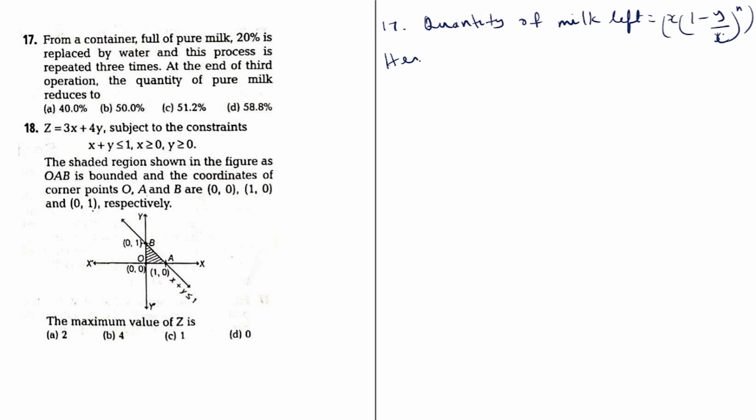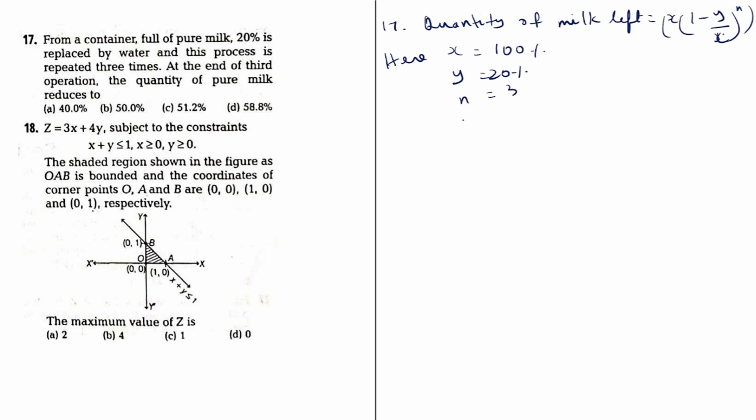So here initially there is 100% of milk, and then 20% is replaced with water. So y is 20% and n is 3.